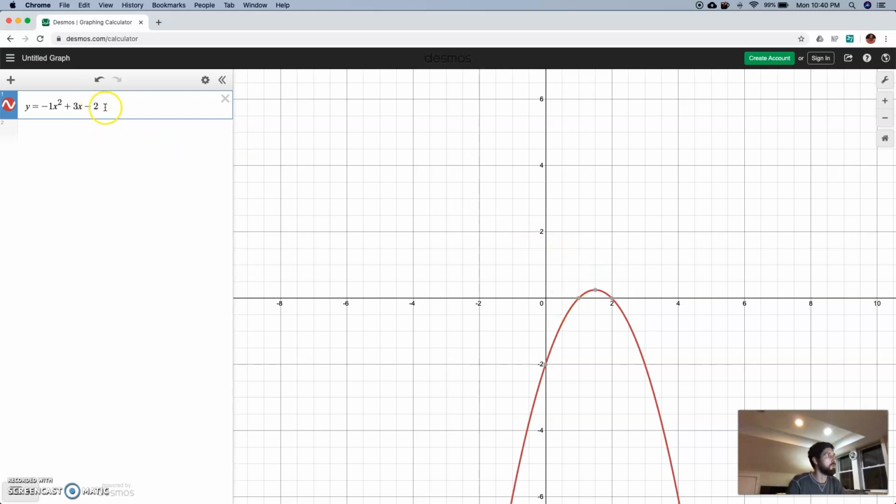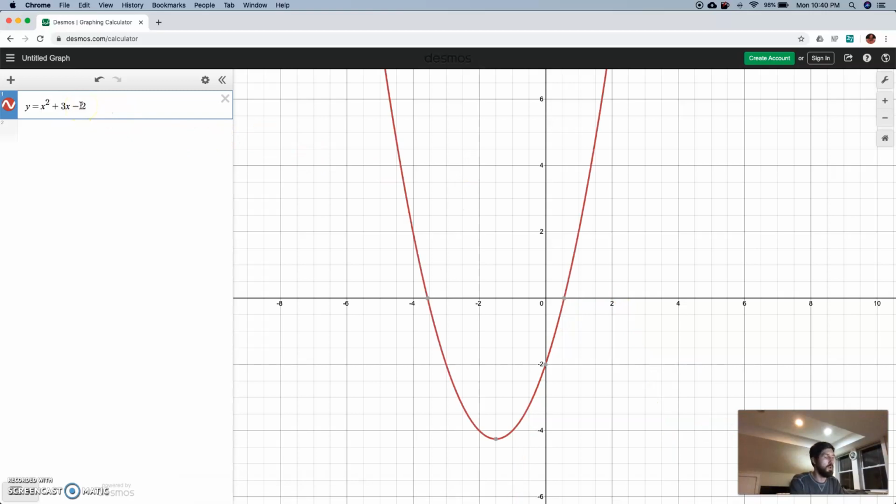That would mean that the negative 1 is the leading coefficient. If you have a leading coefficient that is negative, you can see how in this example our graph is going down. It's not a V, but the U is pointing downwards. So since that number is negative, we have a graph that opens down.